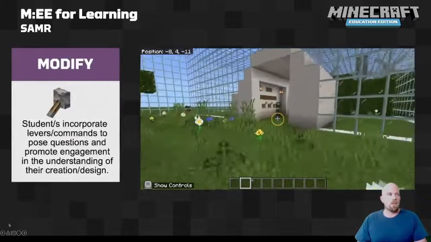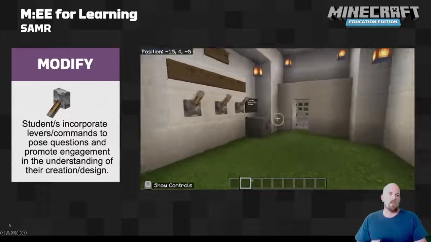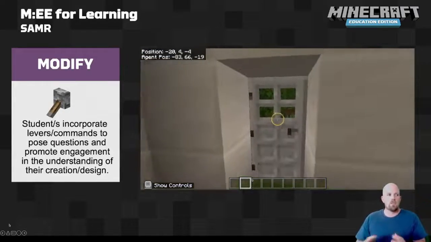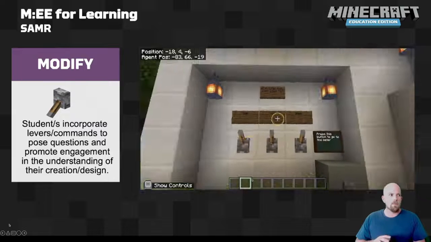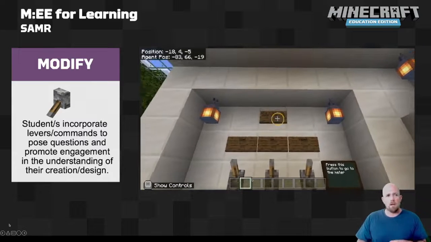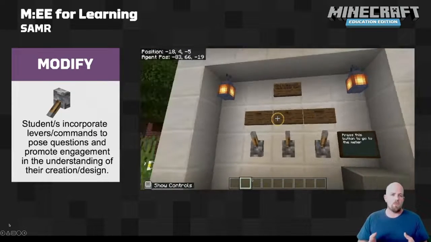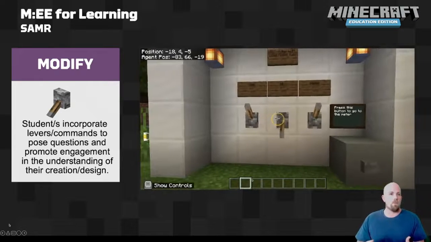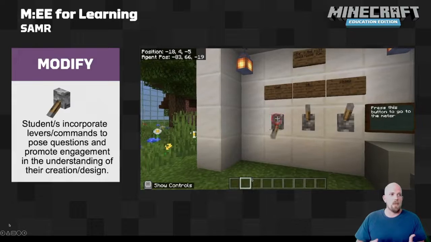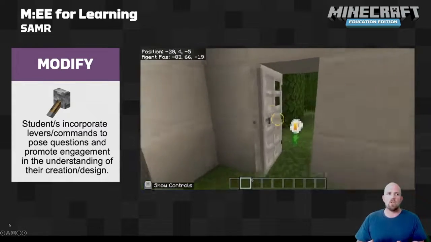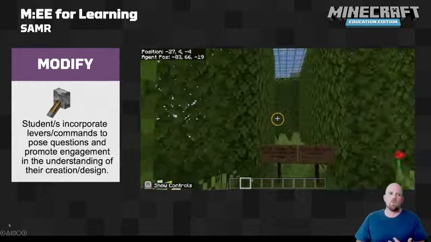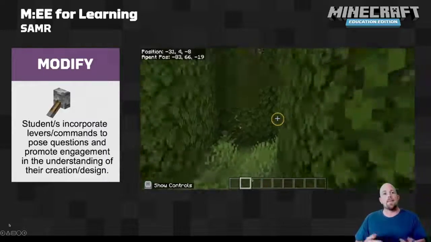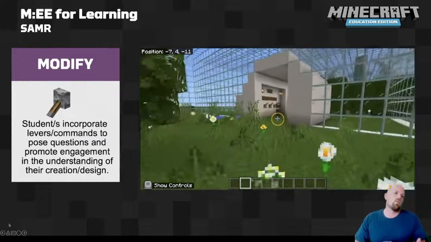This example here is based around modification, or to modify. These students had to incorporate levers, and they had to incorporate commands, which are a part of Minecraft and brilliant for students to learn, especially in the mid to upper primary going into secondary. Here students had to pose questions, and depending on whether they got those questions wrong or right would lead them into the next phase of their world.